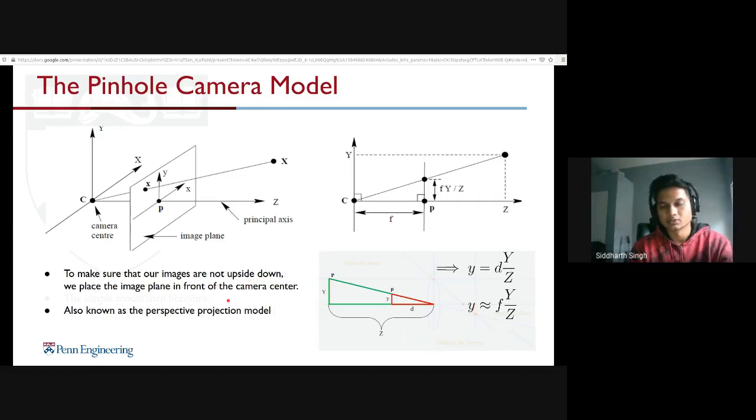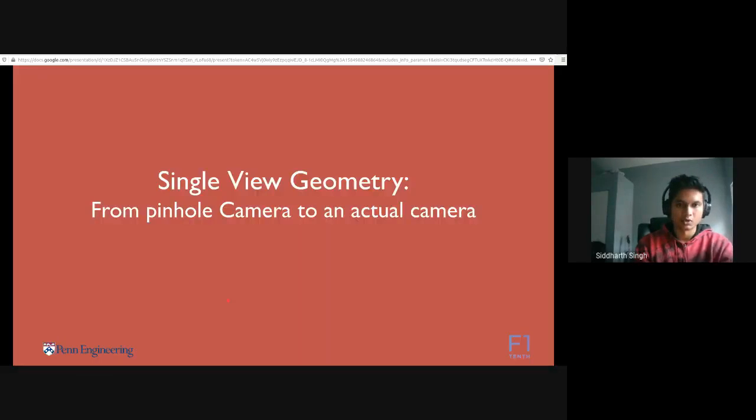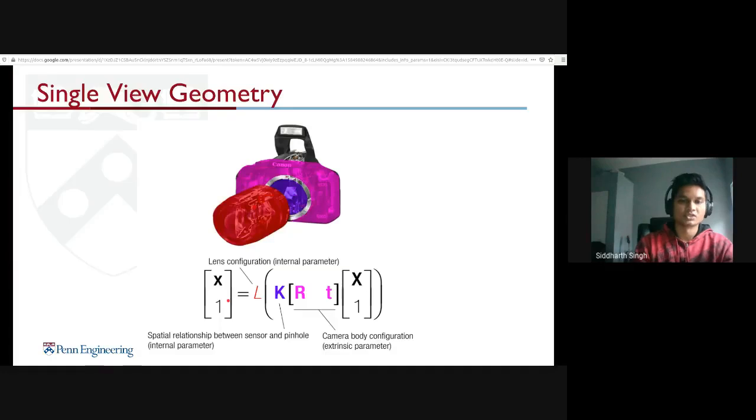So this is basic optical physics that we have learned in high school, and we stem off from that pinhole camera model and the lens model and go on to an actual camera, right? So we'll start with the actual camera.